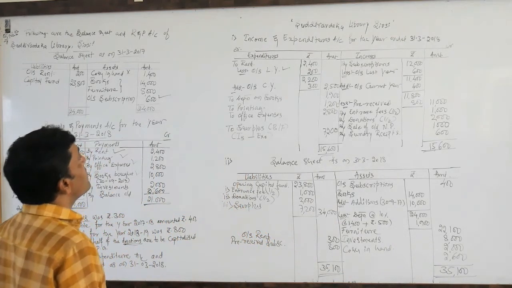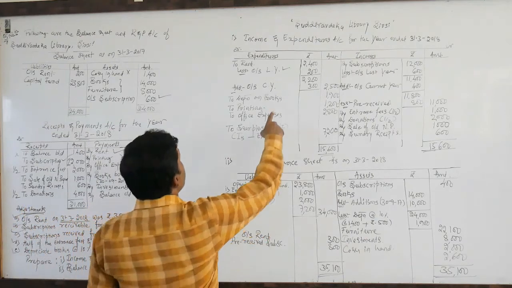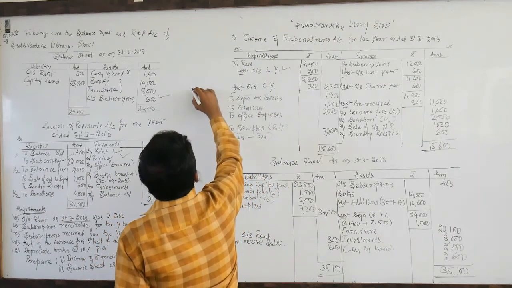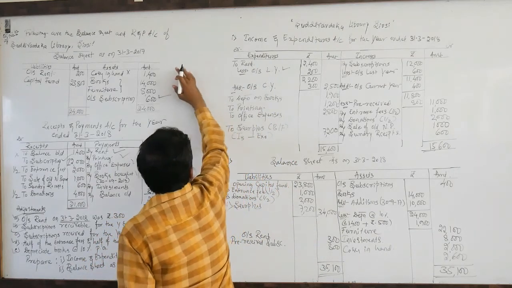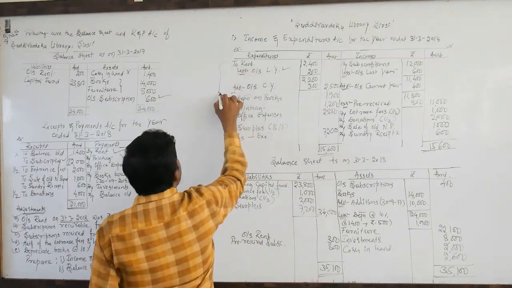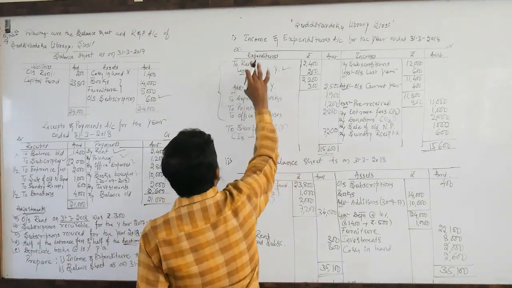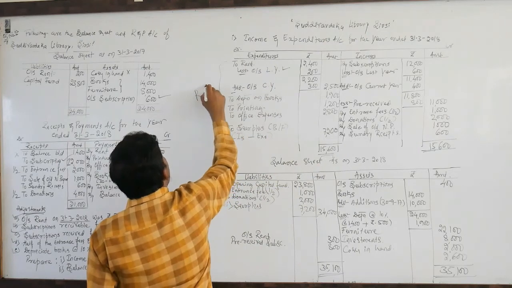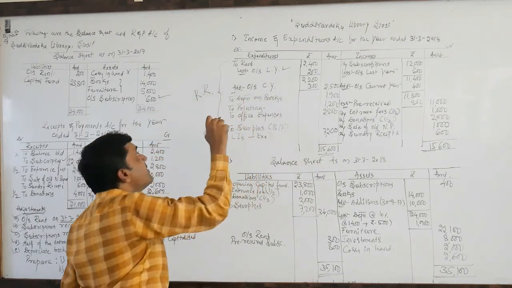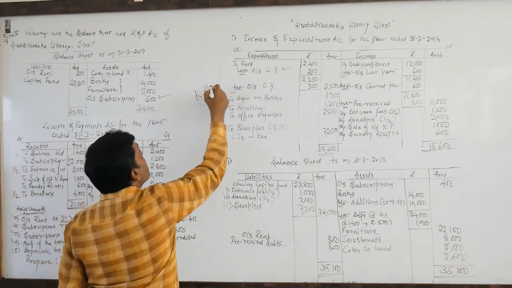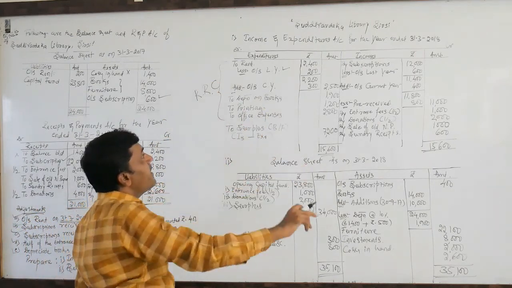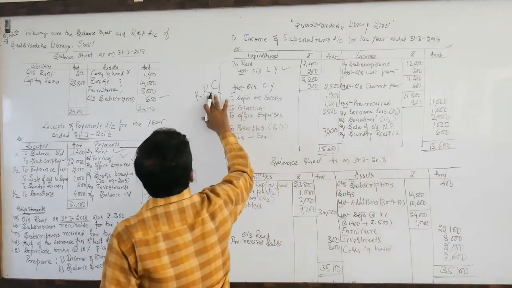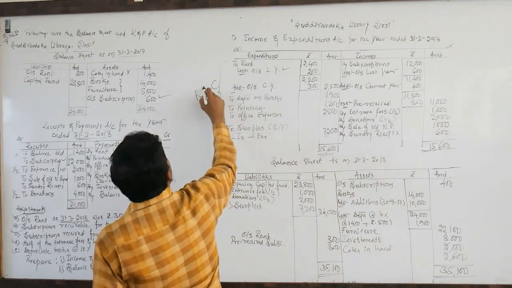Alright. So please observe here, on the expenditure side, I have written only revenue expenditures of the current year. Very important. These are the revenue expenditures of the current year.